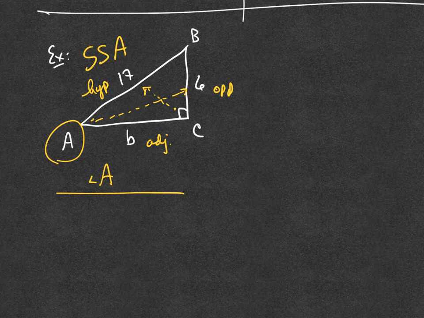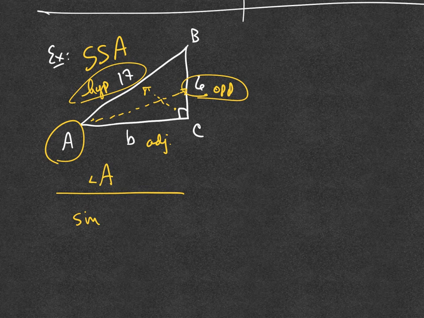So what I'm going to ask you to do is pick the trig function that involves the two sides that I know. I know the opposite and I know the hypotenuse. Opposite, hypotenuse leads you to using what trig function? The sine. But the sine of what? We don't know the measure. We know it's A. We don't know how many degrees big it is. But what's sine equal to? Sine is equal to the opposite side divided by the hypotenuse.